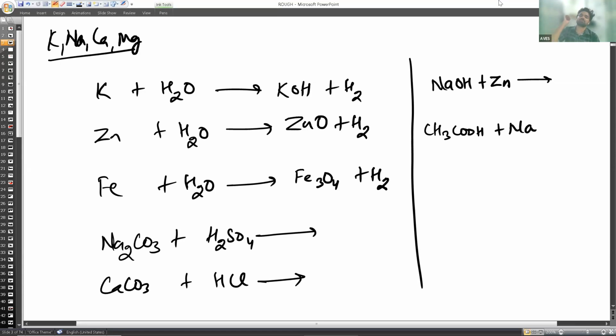Do it fast. I'm writing Na2CO3 and then H2SO4. What is it going to give you? Tell me fast. This is a metal carbonate reacting with acid.